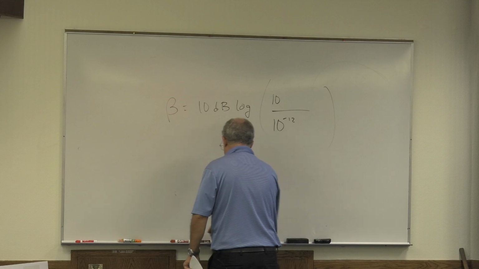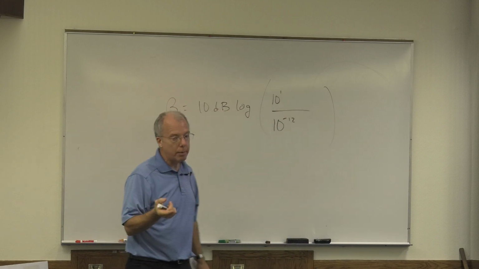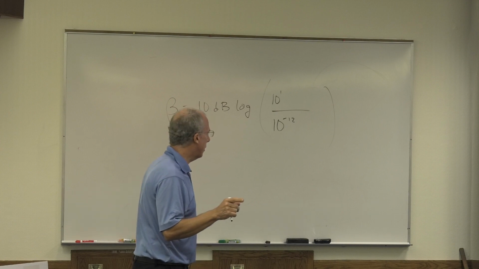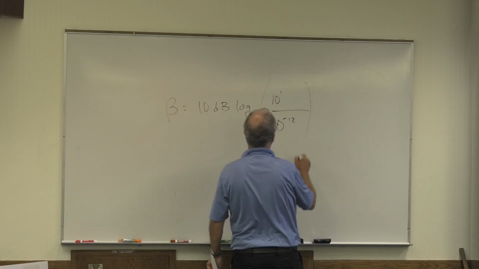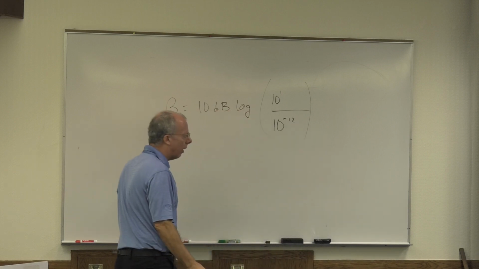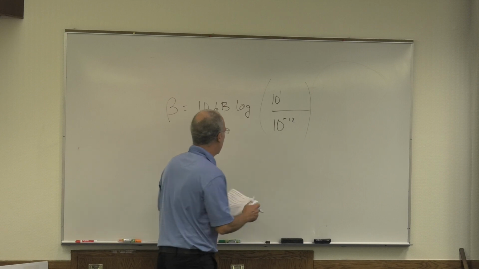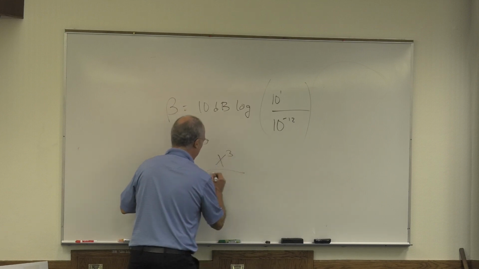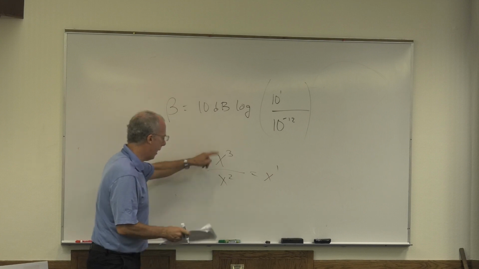Now, 10 is the same thing as 10 to the 1 power. You've got to use what you learned in algebra. What is 10 to the 1 divided by 10 to the minus 12? Well, you subtract exponents, right? Look at x cubed over x squared. That's just x to the 1 power, because it's 3 minus 2.